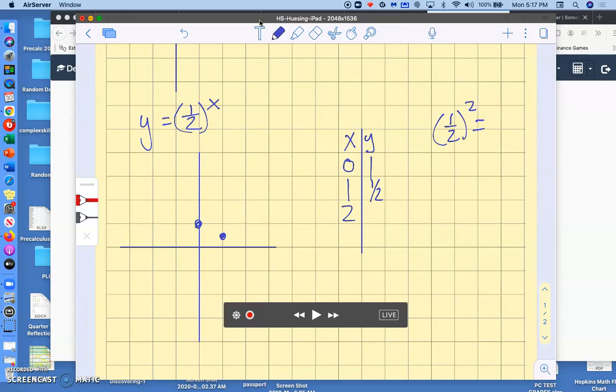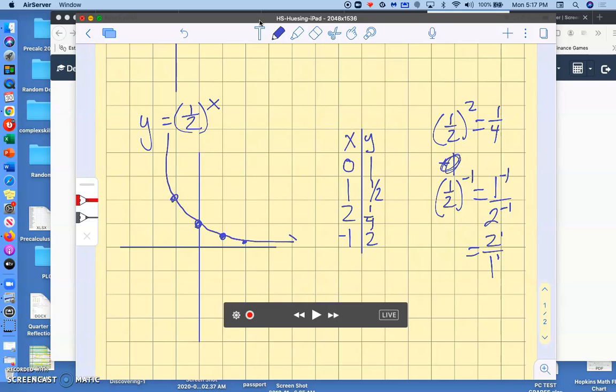We square the top and bottom, so that's 1/4. Well, what if it goes backwards? What if we did -1? So we have 1/2 to the -1. Well, we distribute: 1 to the -1, 2 to the -1, and then we flip those. So it'd be 2 over 1, so that's 2. So it's our exponential, but it's decaying, and it still has that asymptote.